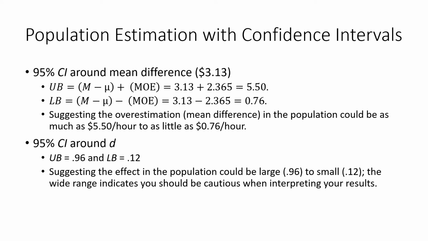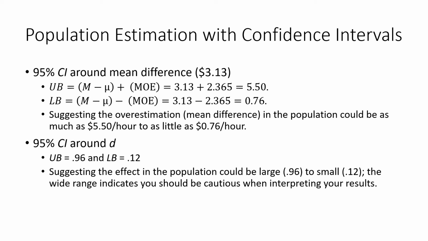Now we're ready to move to the next pillar, and that is population estimation with confidence intervals. It's also useful to try to estimate what the population parameter might be because, as we know, the sample overestimated by $3.13.